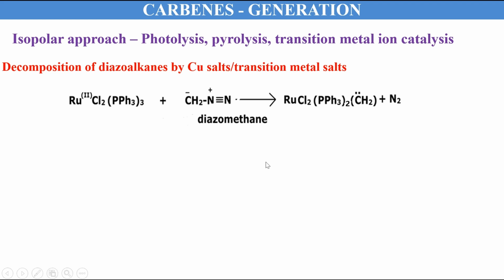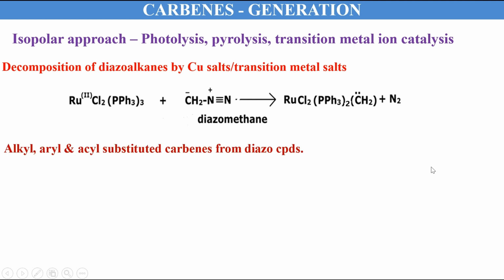Diazomethane, we know, is CH2(-)-N≡N(+). It reacts to give rise to a carbene complexed with the transition metal, along with the liberation of nitrogen. The alkyl, aryl, and acyl substituted carbenes can be prepared from diazo compounds.